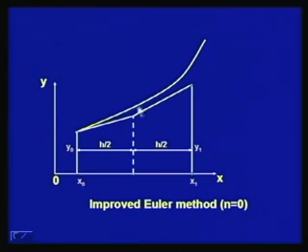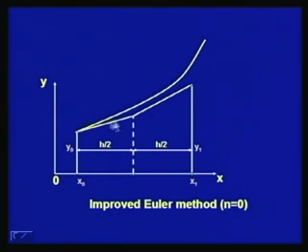This is the solution curve of the initial value problem, and this is the point x naught, y naught. This is the tangent to the curve at the point x naught, y naught, because the slope of the tangent to the curve at the point x naught, y naught is dy by dx at x equal to x naught, which is f x naught, y naught.